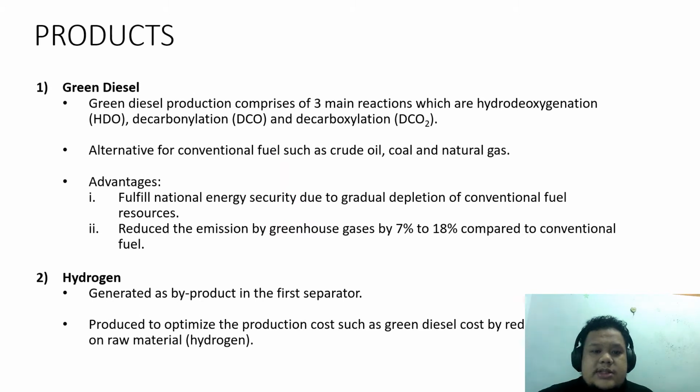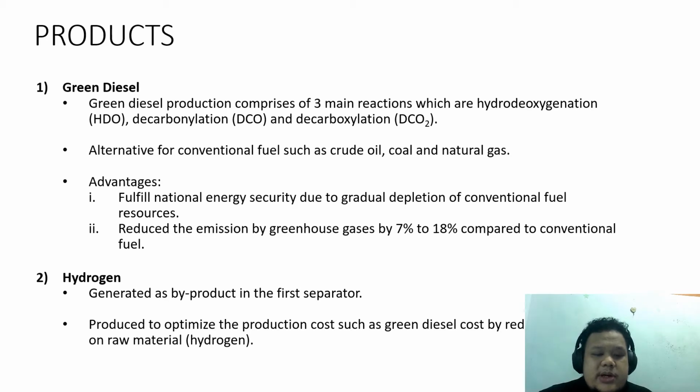As for the products, the first desired product is green diesel. Green diesel production comprises three main reactions, which are hydrodeoxygenation, decarbonylation, and decarboxylation. Green diesel can also be considered an alternative for conventional fuels such as crude oil, coal, and natural gas.